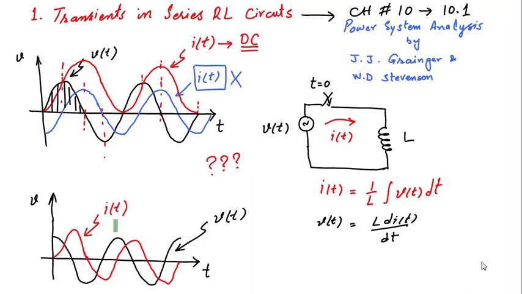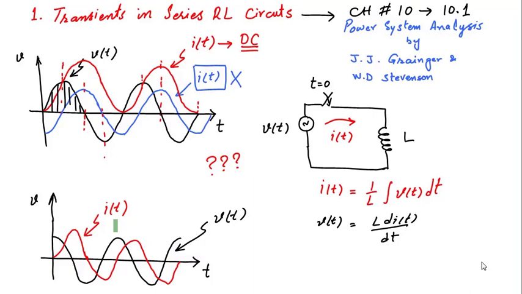So it is the instant on the voltage waveform that will decide how much DC offset will be there in the current. Obviously, if the switching takes place at the second 0 crossing of the voltage waveform, where the waveform was entering from the positive cycle to the negative portion, then this current waveform will be completely offset in the downward direction.